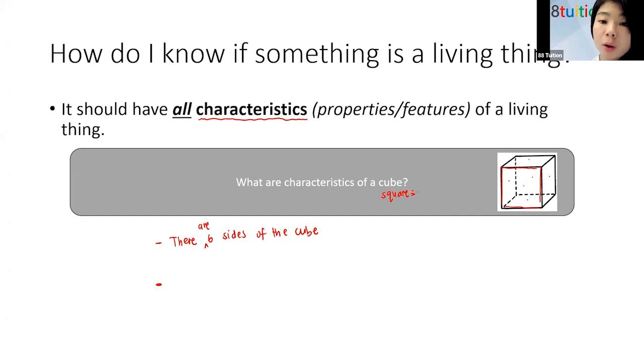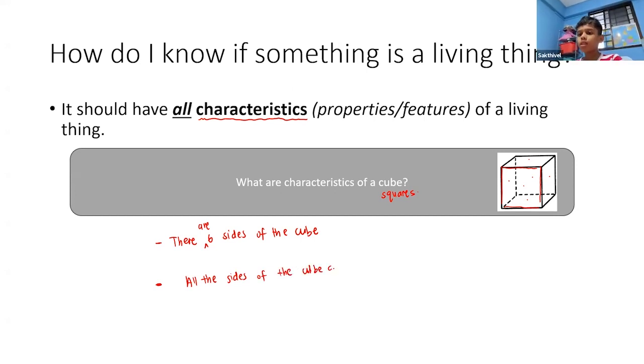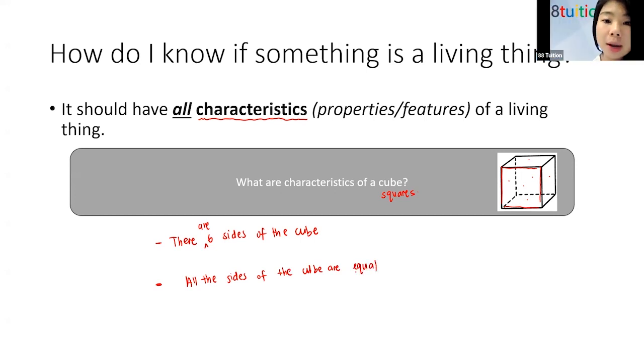So are all the sides of the cube equal? All the sides of the cube are equal. So these are characteristics of the cube. Do you understand? Properties or features of the cube.